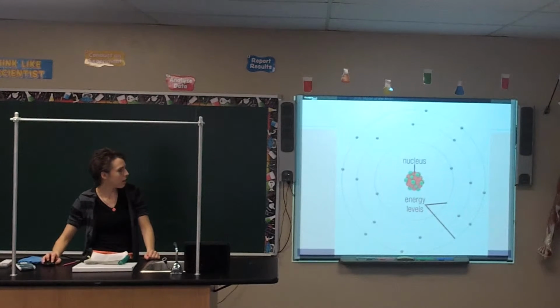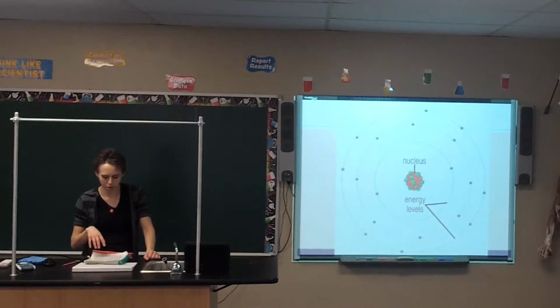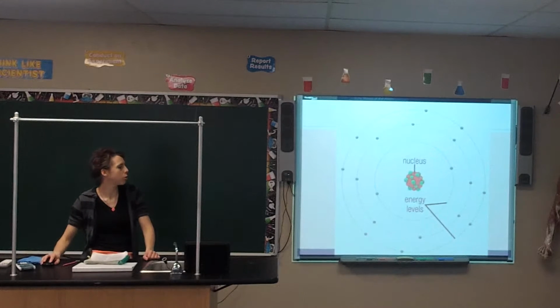This is what he's showing with the Bohr model: the nucleus is surrounded by electrons, and they move in circular orbits at specific energy levels. These energy levels are locked in. So if an electron in this one wants to move out here, it has to gain energy. If it's going to go back, it has to lose energy.